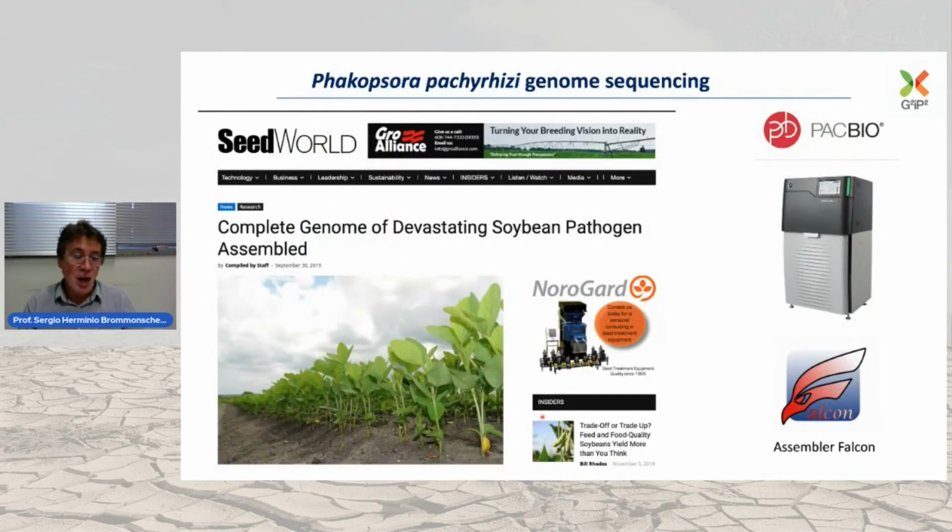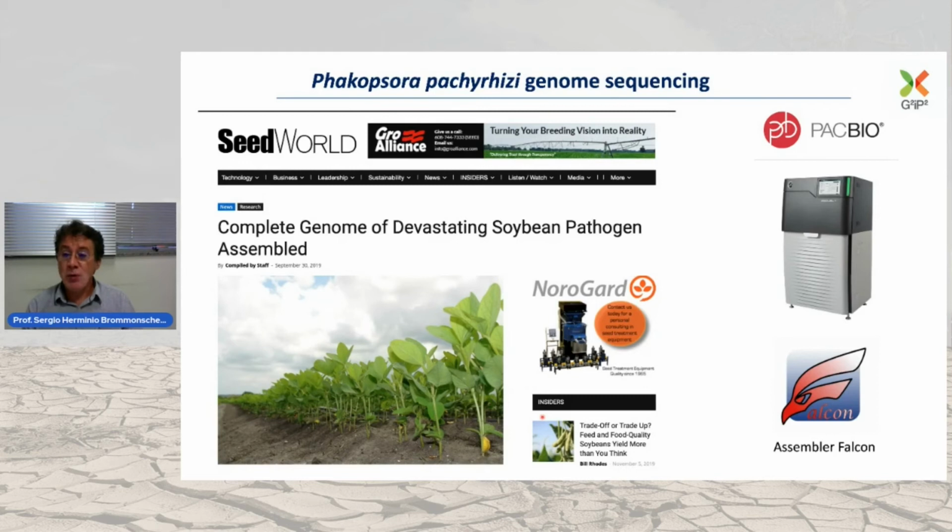To help understand more of the biology of Phakopsora, there is a consortium that was able to sequence 3 different isolates of Phakopsora. So the genome is available. We have a full reference sequence of 2 isolates, and we have sequenced at least 40 different isolates.